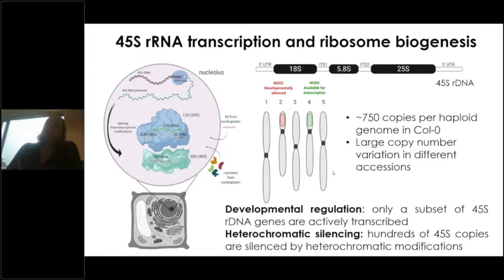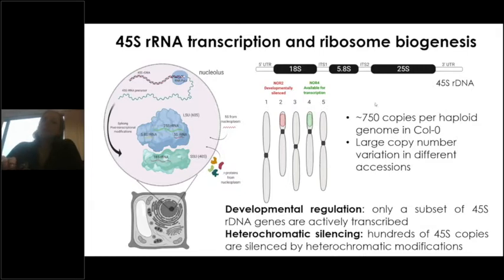In plants, these are quite well characterized, and they are quite an old topic of research. But in Arabidopsis, we have very large differences in copy number across different accessions. In the accession called Col-0, the genes are arrayed on the short arms of chromosome 2 and chromosome 4, with an interesting developmental regulation of transcription.